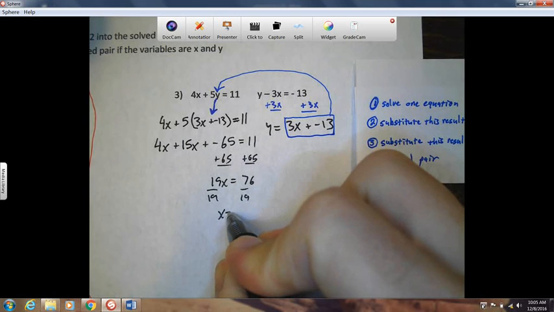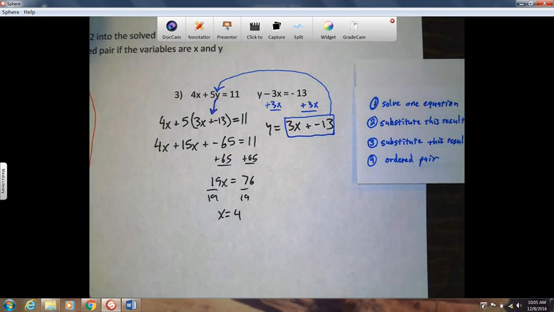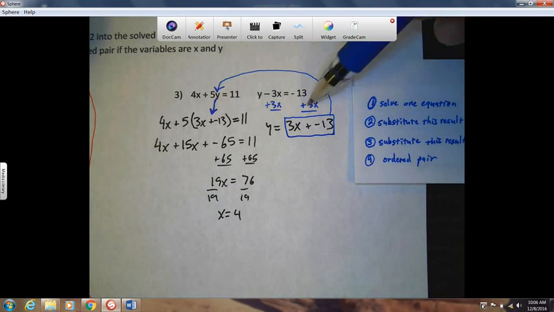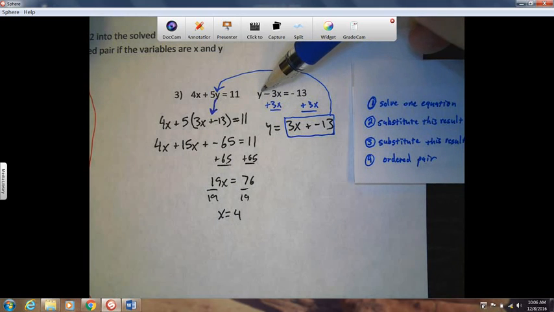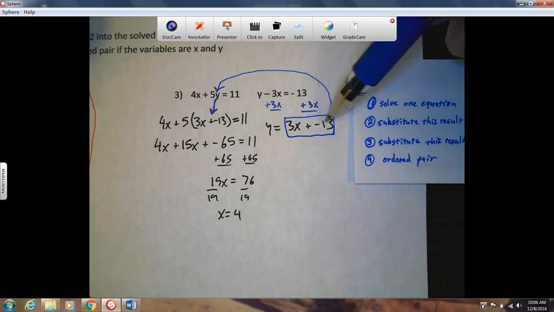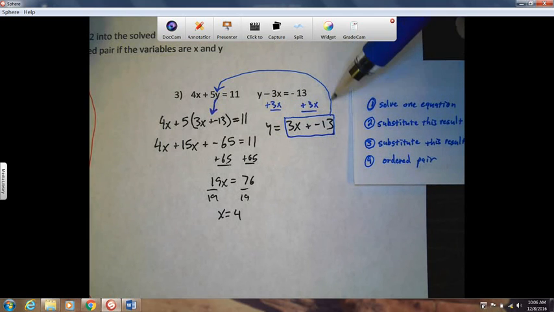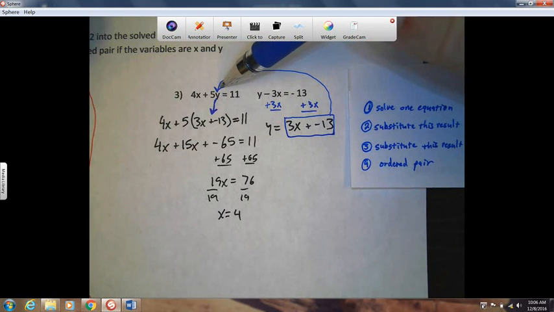Okay, so go back, annotate, make sure you know. So first thing I had to do was over here, I had to solve for y. I could have solved for x, it wouldn't matter, but since y is by itself, since it's 1, it's easier to solve. So I added 3x. Here's y. Substitute it in over here. I have to use parentheses for distributive property.